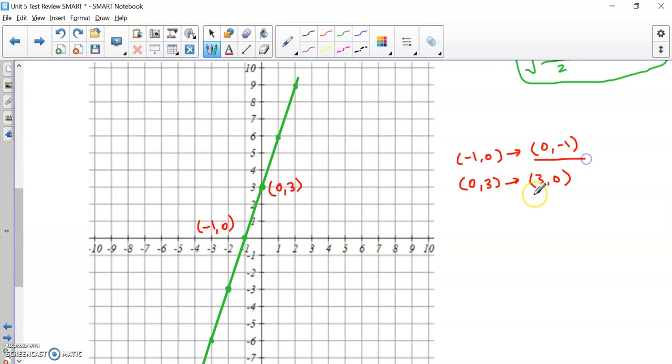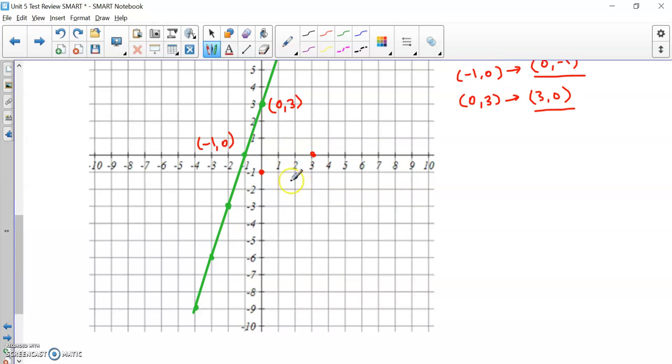So these are the ones we would graph for the inverse. Okay, and on My Open Math, those are enough, and it'll just generate the line for you automatically. For me, I'm just going to fill in the rest of them so that I can get my graph. Because this is not My Open Math, it won't do it for me.